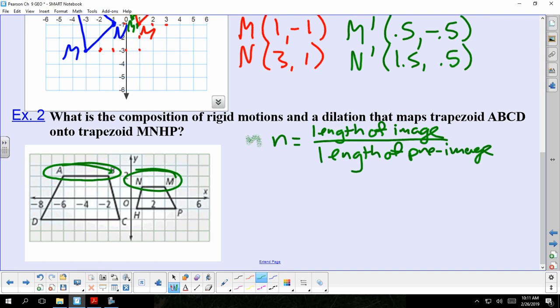Well, it turns out we need to figure out which one we're starting at. So what is the composition of rigid motions and a dilation that maps ABCD onto trapezoid MNHP? So we want to go from the big one to the small one. So this is going to be a reduction.